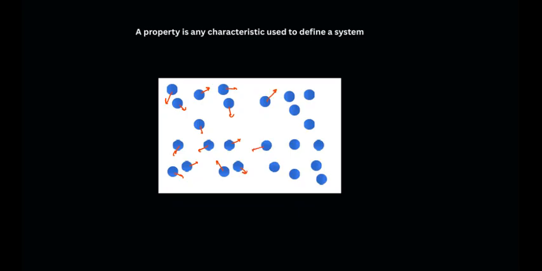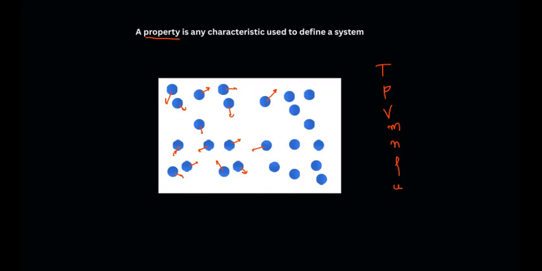For example, I have to first state what is the temperature, what is the pressure, what is the volume, what is the mass, what is the number of molecules, what is the density, and probably what is the internal energy, and so on. There are so many properties that I can define, right? So all these characteristics become the properties of the system which are required to define the system.